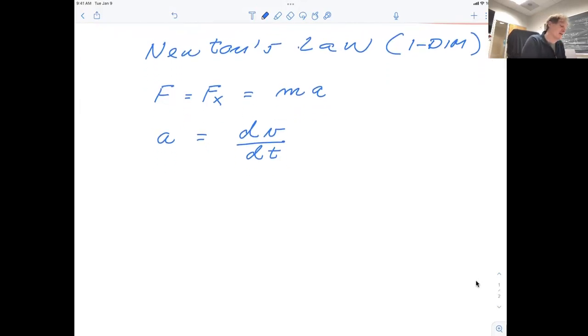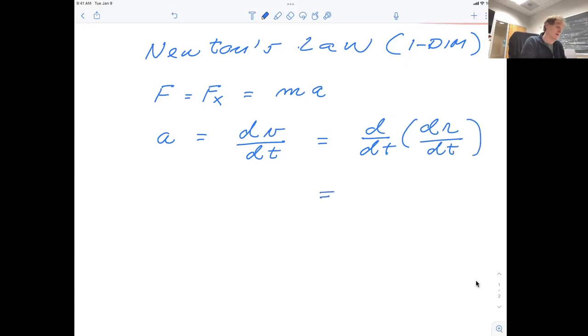Now, this again is actually the second derivative of the position. So we would have a d dt of dr dt, and now I'm going to use the letter r for position, even though since this is a one-dimensional problem, I could equally well have written x here.